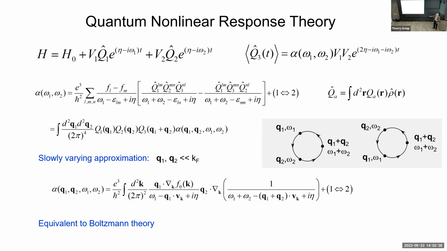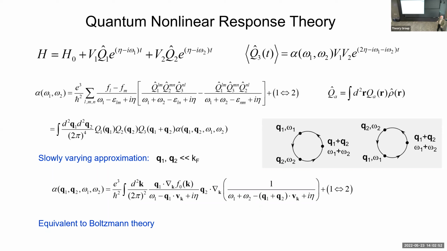In a slowly varying limit, this precisely reproduces the Boltzmann theory. So it's nice to be able to do this, but we didn't really learn anything new that we didn't already know from the semi-classical theory.